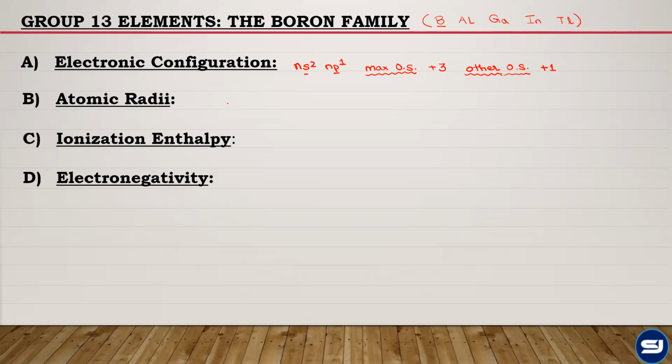Next, coming to atomic radii, what is the general trend? Down the group, it will increase. But with group 13, there is an exception, and it should be a well-known exception. किन दोनों एलिमेंट्स के बीच में है वो? Aluminium and gallium.